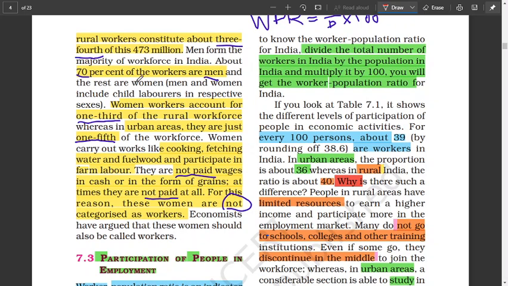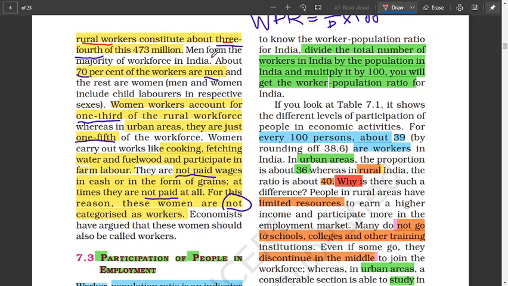If you look at the percentage constituents of that 473 million, you find about three-fourths, that means 75%, are workers residing in rural areas. So majority of workers, like we've said, are in rural areas. Three-fourths, and one-fourth, you understand, are in urban areas.